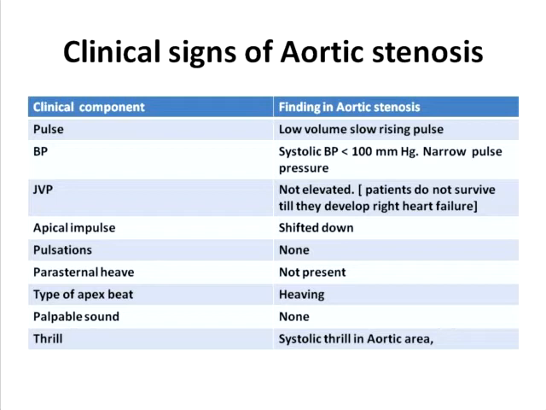The apical impulse is heaving, which indicates a sustained lift of the palpating finger. There is no palpable sound, and a systolic thrill may be palpable in the aortic area.